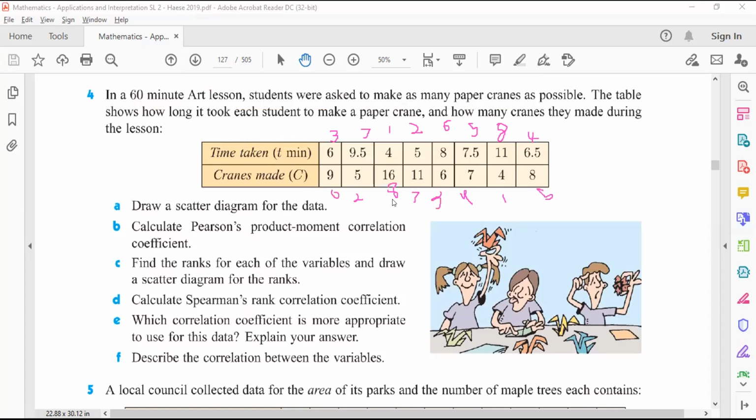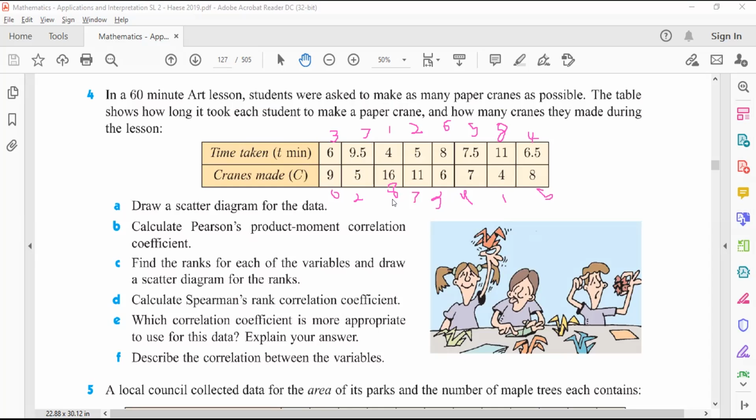Now you got it? Yes. Now what is the answer for part E? You have to write that the scatter of this raw data shows a non-linear trend, so Spearman rank correlation coefficient is therefore more appropriate.